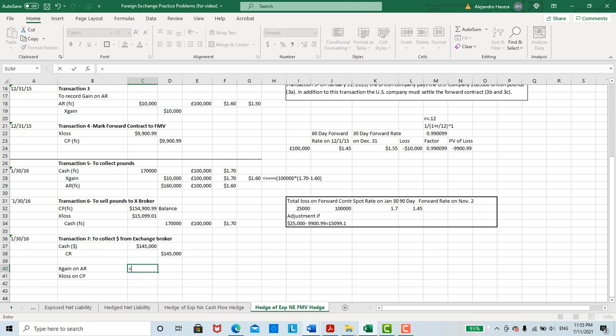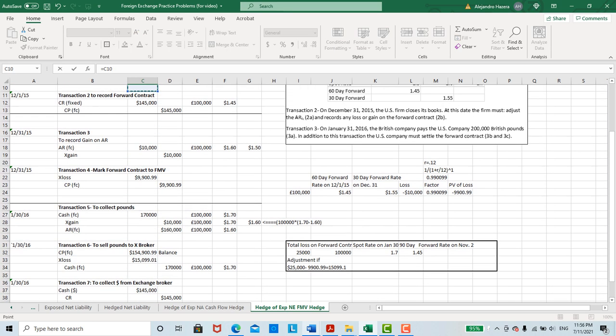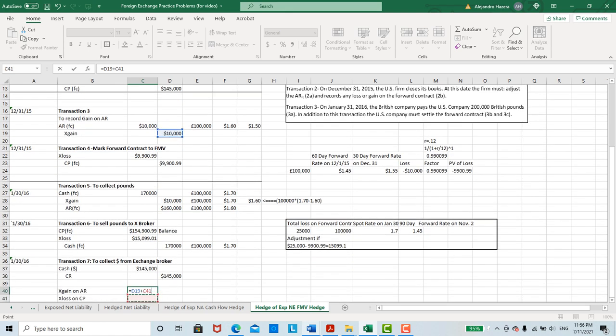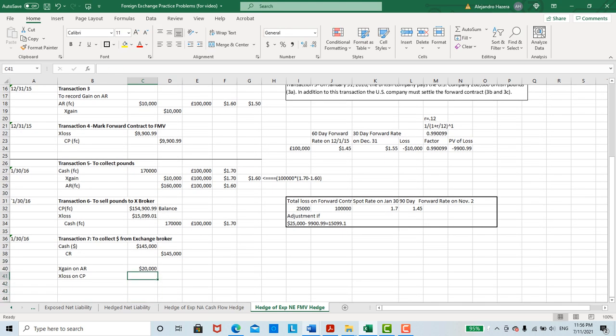The exchange gain on accounts receivable: we have one exchange gain there, plus another exchange gain right there. So the total exchange gain on the accounts receivable is 20,000. Now, on the contract payable, the total exchange loss is that 9,900 plus 15,099.